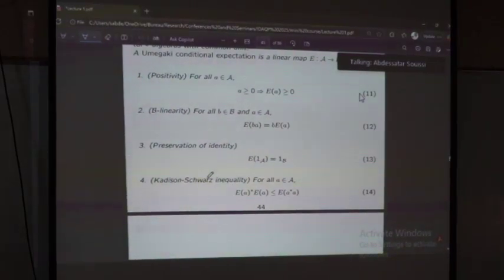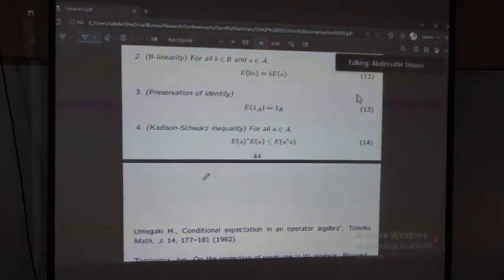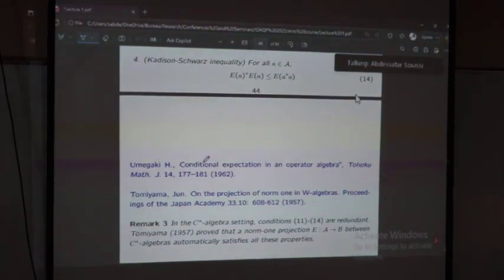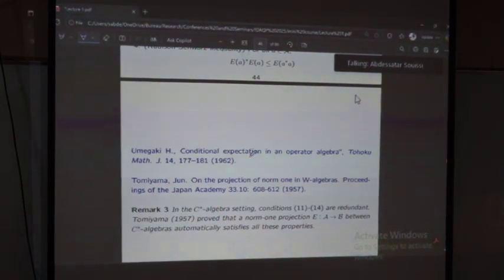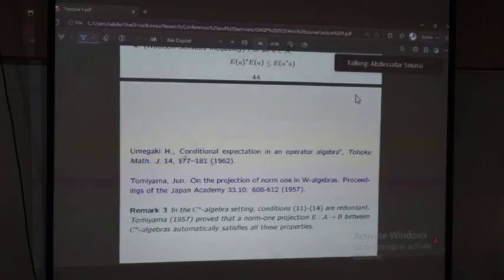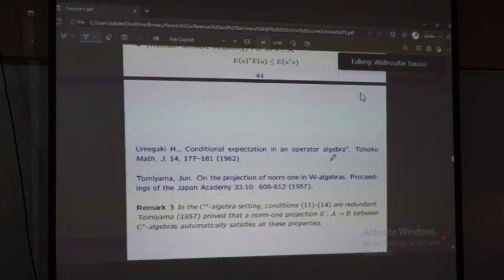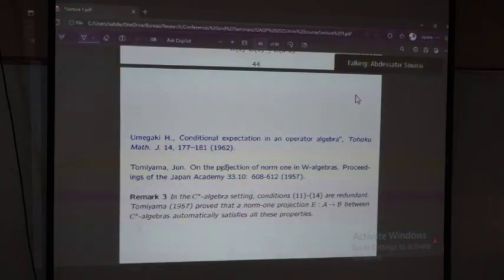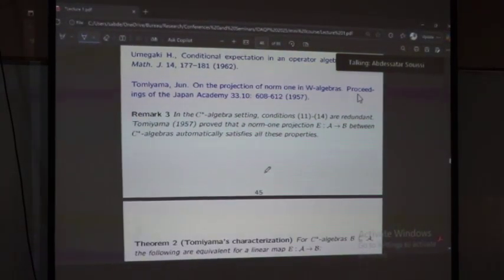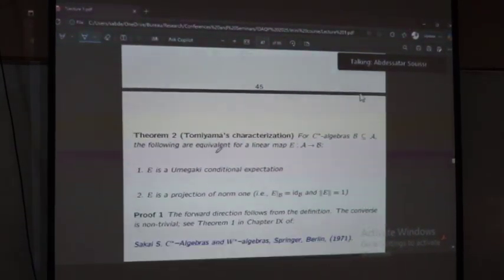It turns out that there is a characterization of this map, by the work of Uiday, where he introduced the notion of conditional expectation in operator algebra. Then there is another work by Uiday that characterizes this map as a normal projection.